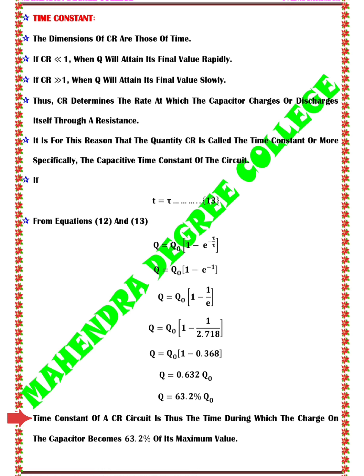In simple terms, the time constant of an RC circuit is the time during which the voltage across the capacitor or its charge reaches approximately 63.2% of its final or maximum value during charging.